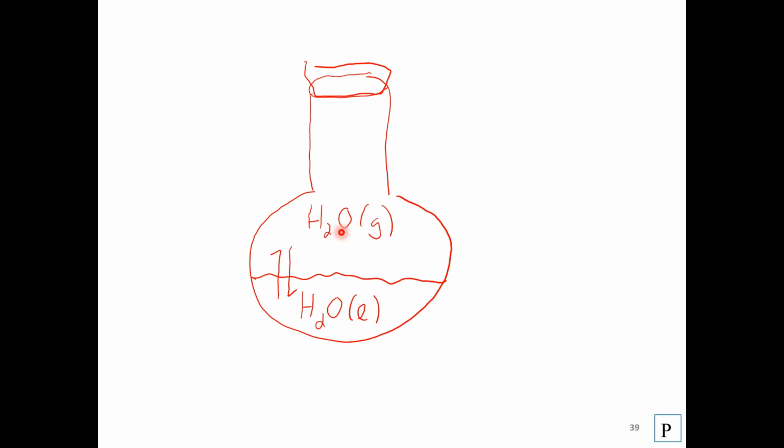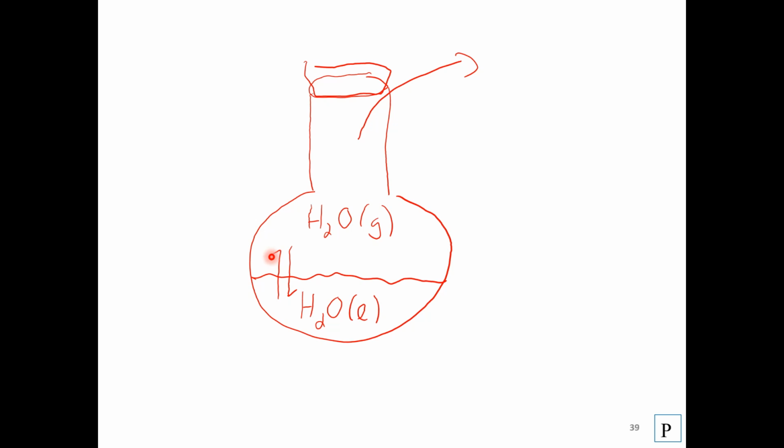So maybe we have some gut sense for how humidity works. Let's take it in the same order as the previous slide. Let's say I somehow pump the water vapor off the top. How will the equilibrium respond? If we decrease the pressure by pumping the water vapor off the top, it's going to shift right to make more, and that's exactly what happens.